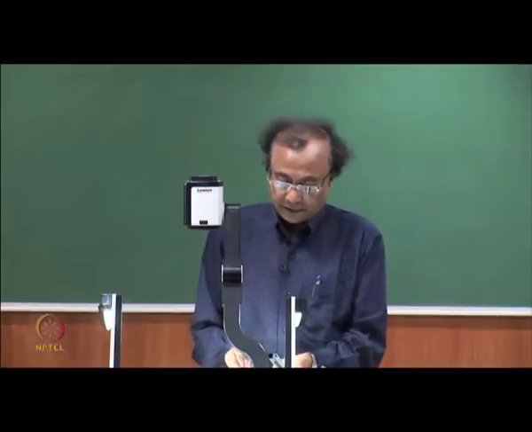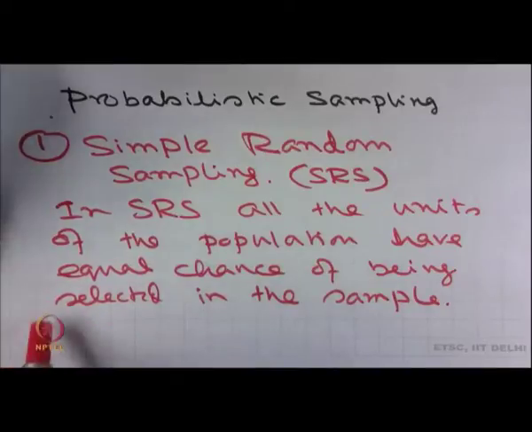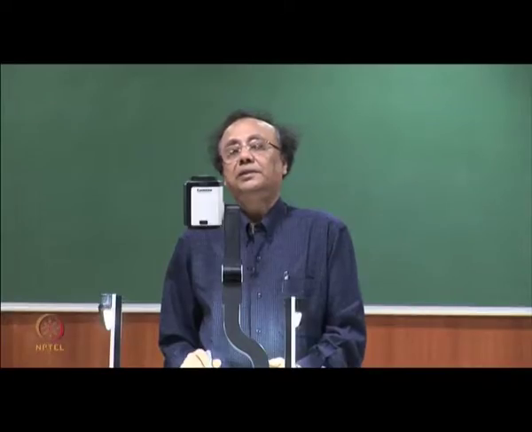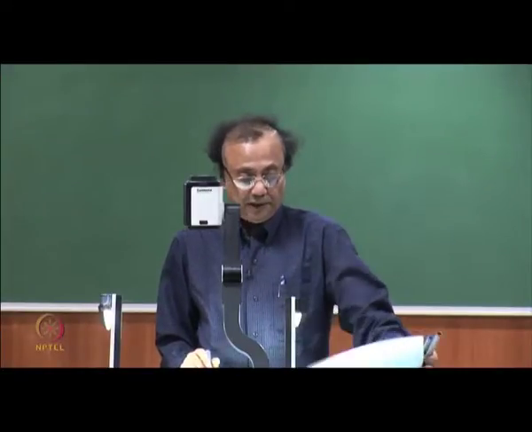It is sometimes difficult to design and time consuming to execute, but it is very simple in understanding and it gives equal chance to all the members of the population.